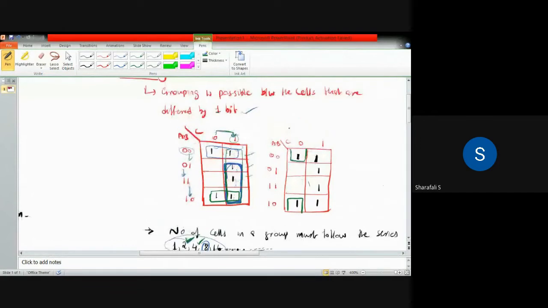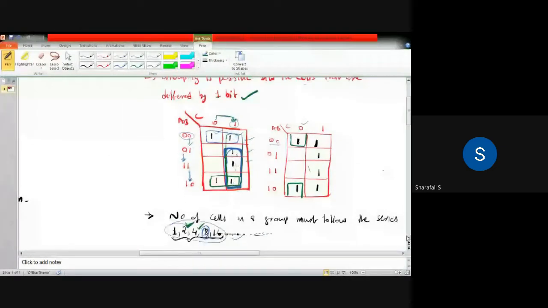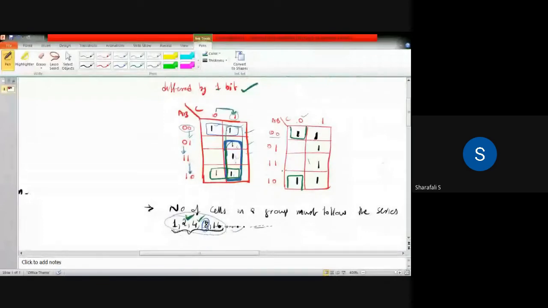In that case, you can check the same condition. Grouping is possible between cells that differ by one bit. So if you consider this one, it has 0, 0, 0, 0 as the total value. Then you consider this one, where we have 1, 0 and 0. So only this bit is changed, and all other values are the same.